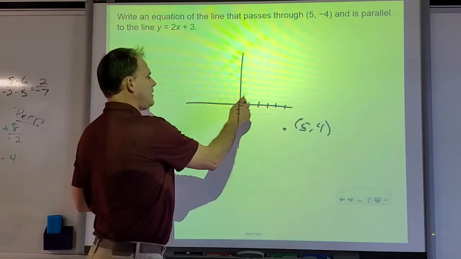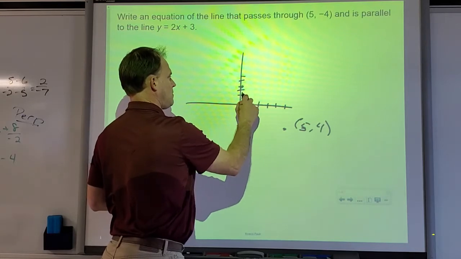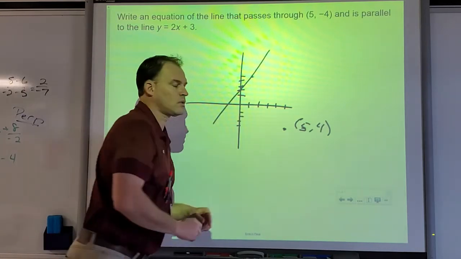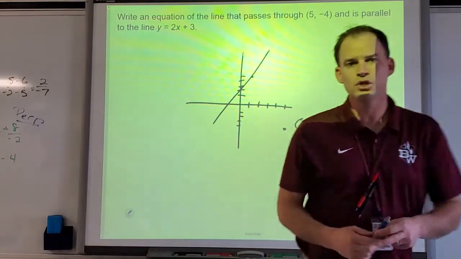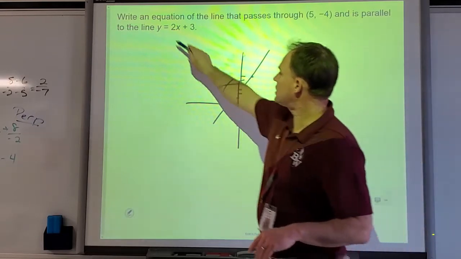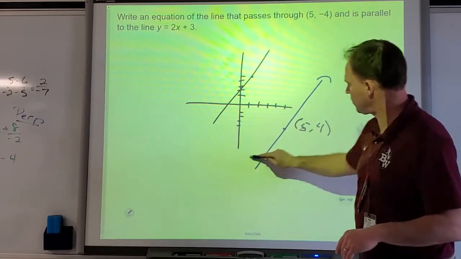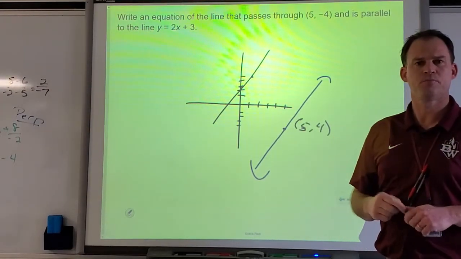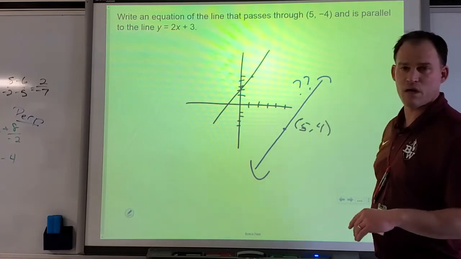There's some line here. What they want you to do is find the equation of the line that goes through this point and is parallel to this line here. So that's what we're trying to do. We're trying to find the equation of this line.